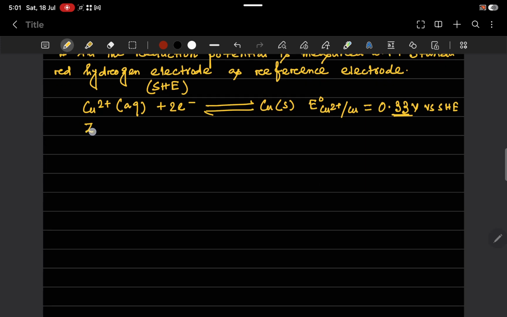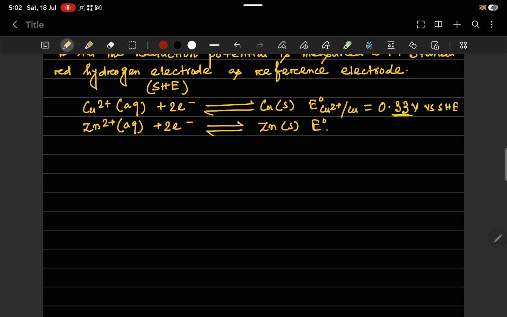Now zinc solid to zinc 2 plus, sorry, if I write it in reverse, in similar fashion, zinc 2 plus, aqueous, plus 2 electrons getting converted to zinc, solid.